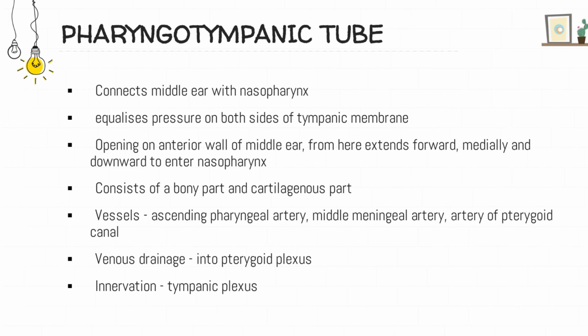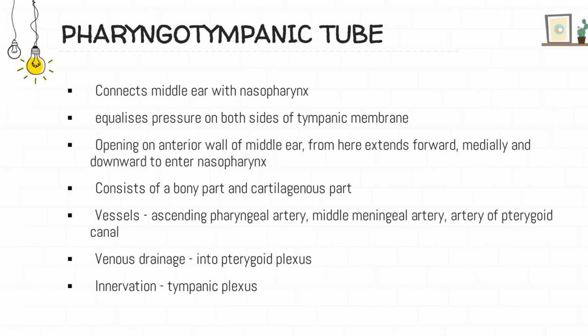Moving on to the pharyngotympanic tube, it connects the middle ear with the nasopharynx and equalizes pressure on both sides of the tympanic membrane. We spoke about this earlier: on the anterior wall of the middle ear there is an opening for the pharyngotympanic tube. From here it extends forward, medially and downward to enter the nasopharynx.